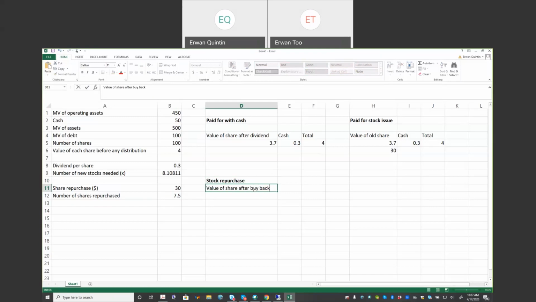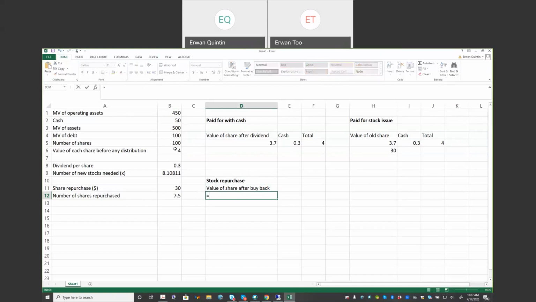If you are a shareholder and there is a stock buyback, you have a choice. You can sell or you can't sell. If you do sell, you're going to get 30 divided by 7.5. You're obviously going to get $4, which is the market value of those stocks. So you can get $4 that way. By the way, $4 is exactly what you had before, since that was the value of the stock that you held. So you're certainly held indifferent.